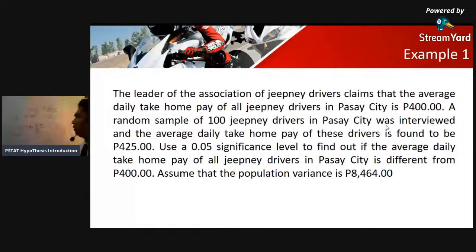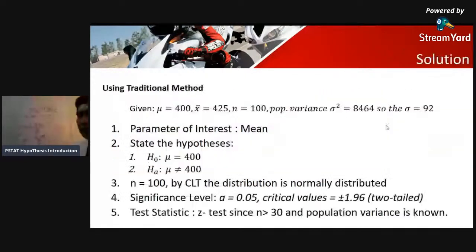Okay, so you apply the formula, the z test is equal to 425 minus 400 all over 92 over the square root of n, which is 100. Now, we get to identify the alpha.